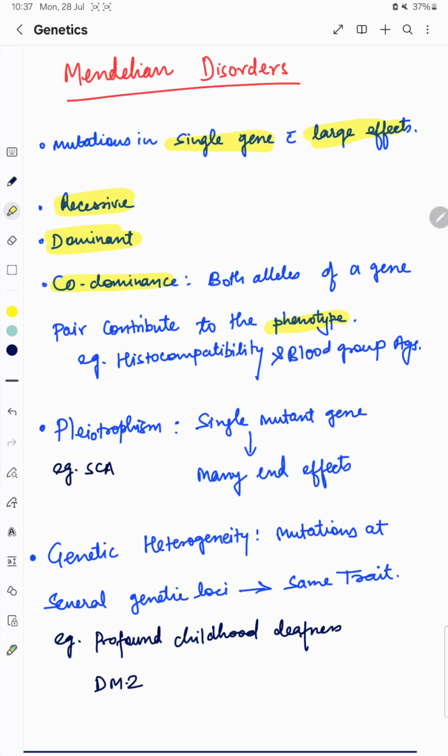For example, histocompatibility and blood group antigens follow codominance. Another definition is pleiotropism, when a single mutant gene results in many clinical implications, which is seen in sickle cell anemia.